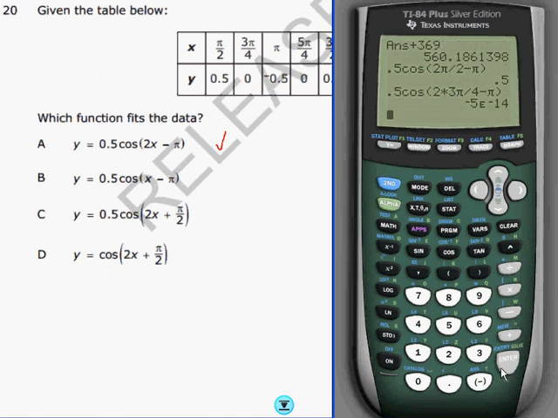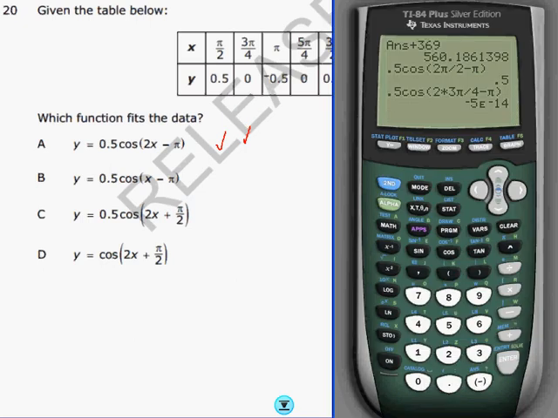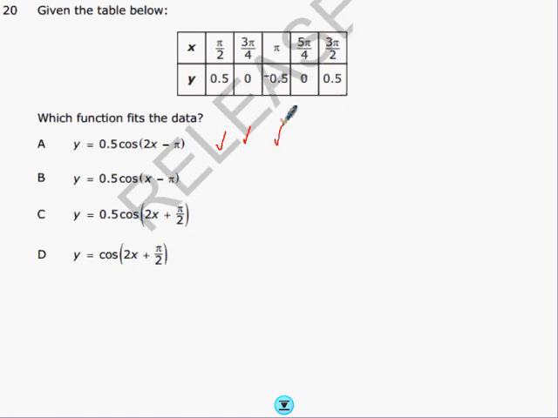That's essentially 0. So far, so good. Now we want to plug in 1 pi, 2 times 1 pi over 1 minus pi. Negative 0.5. I think we have a winner.